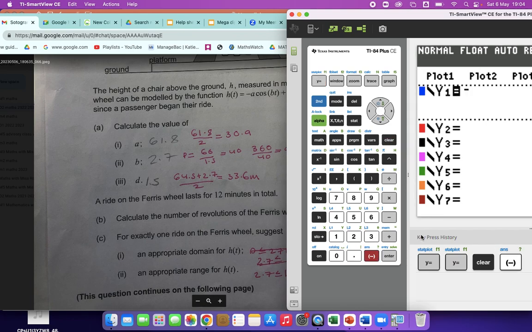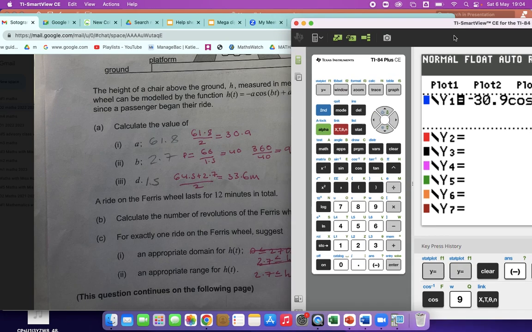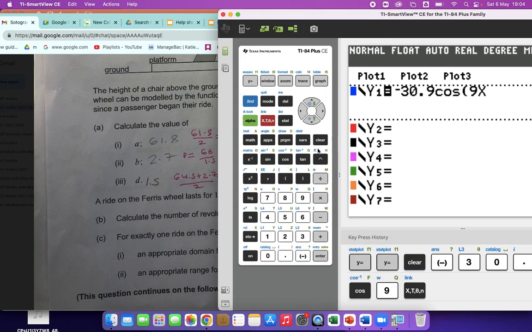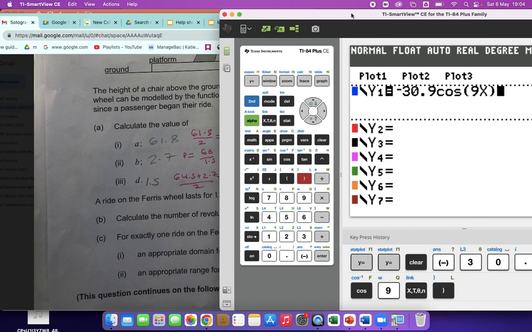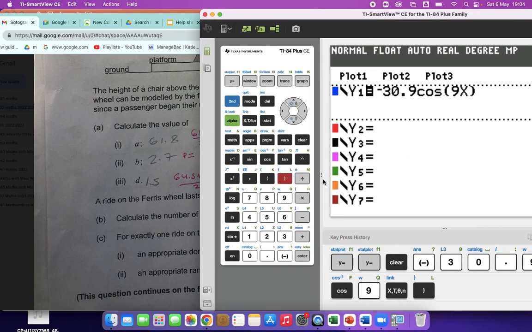You've used your small minus, minus a, which is 30.5, 33.9 cos. Cos is next to the sine button, which is here. Cos of 9x, because we cannot write it in terms of t. We're going to close the brackets. That's really important here. Plus the d, which is going to be 33.6.